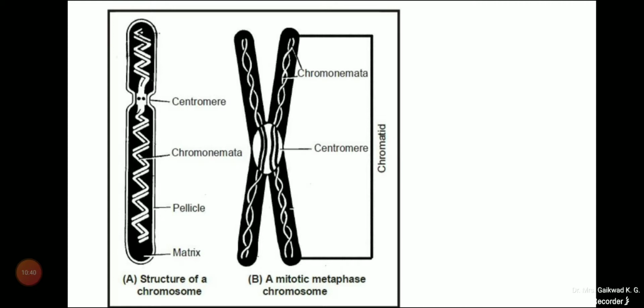The nucleus contains the entire genetic information, hence plays an important role in heredity and variation. It is the site for synthesis of DNA, RNA and ribosome. It plays an important role in protein synthesis.